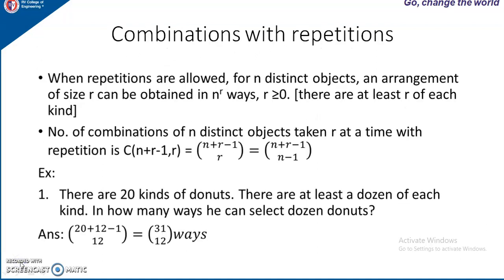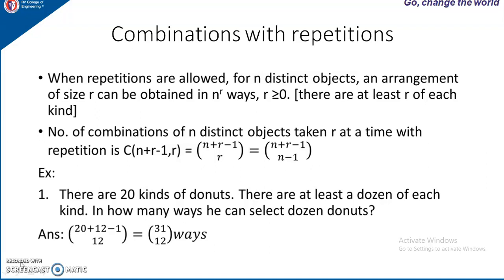Now combinations with repetitions. When repetitions are allowed for objects which are distinct, an arrangement of size r can be obtained in n^r ways, where r is greater than or equal to 0, with the assumption that there are at least r of each kind.